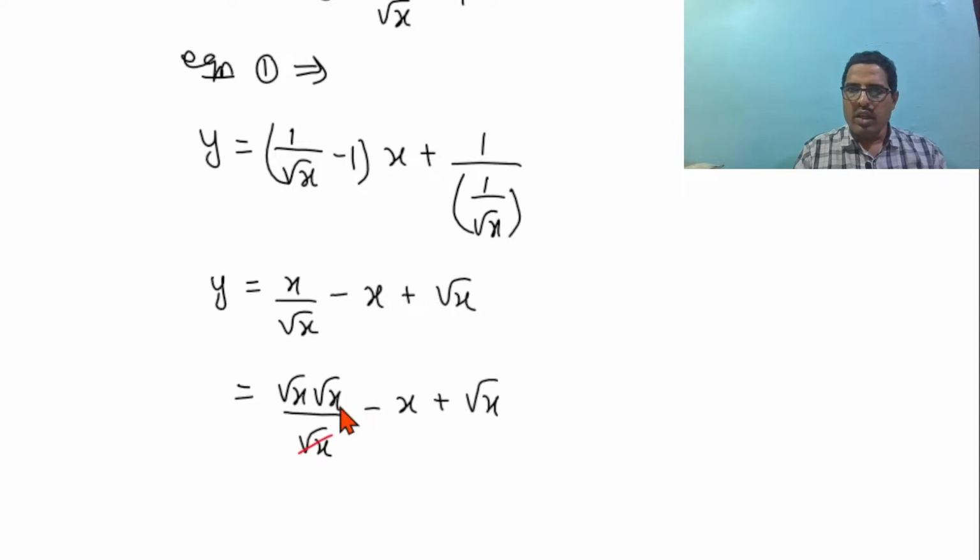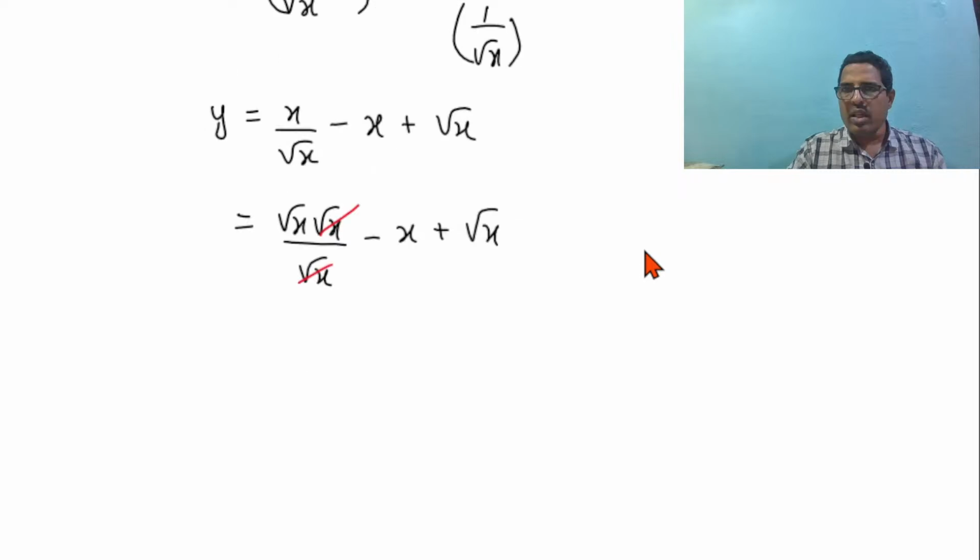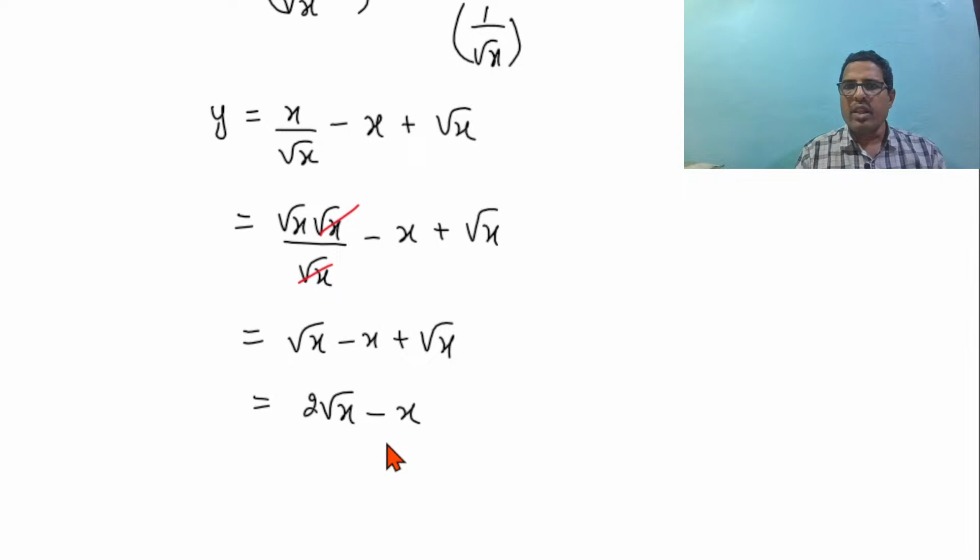Root x will get cancelled. So, you get root of x minus x plus root of x. Root x plus root x is 2 root of x, and this is minus x. I want to eliminate this root of x value, so it is better to take this minus x on the other side. It becomes plus x, plus y equals 2 root of x.